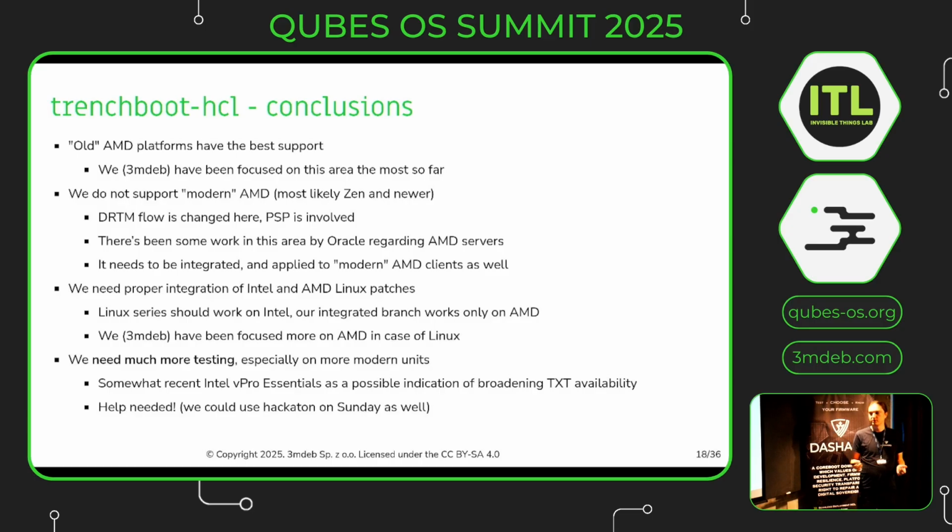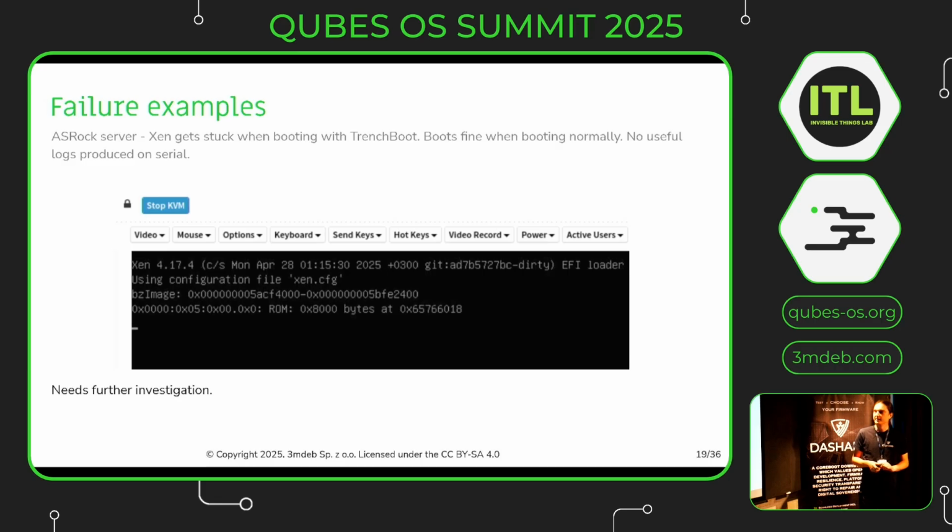Definitely, we don't have all the hardware in the world, so we could use some help in reporting those HCL, testing on your hardware. Maybe we can also use some of the hackathon tomorrow, if you would like, to see if you can run TrenchBoot.